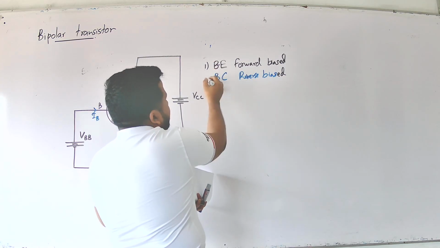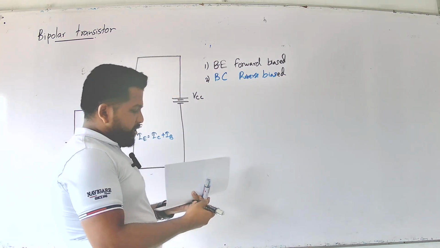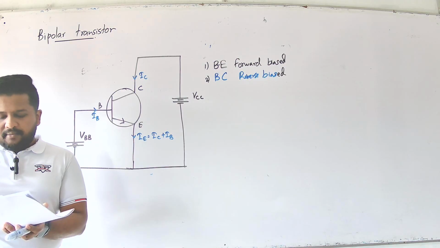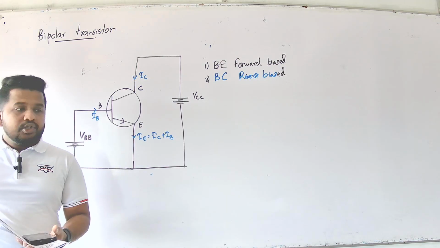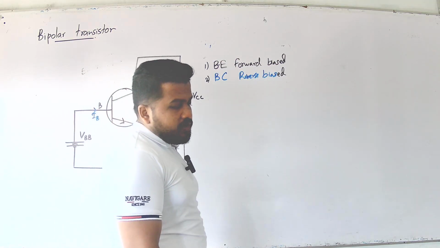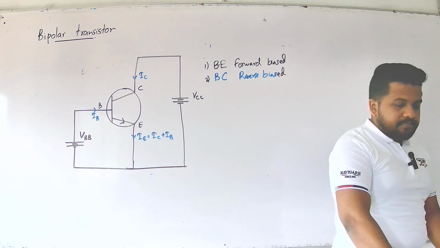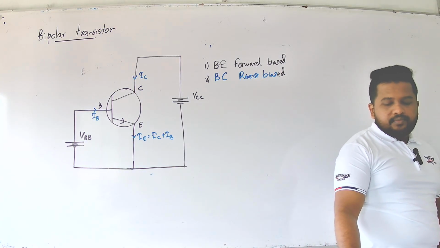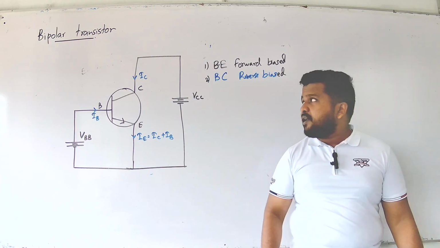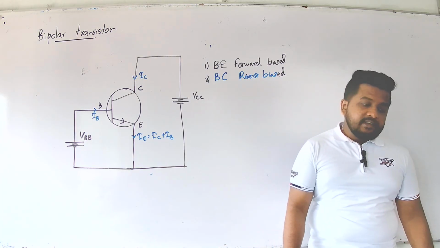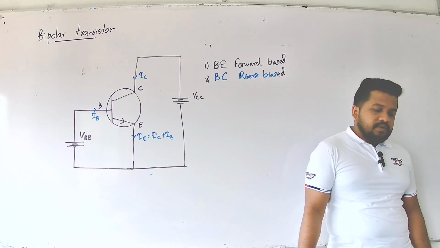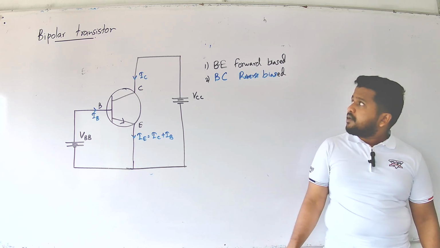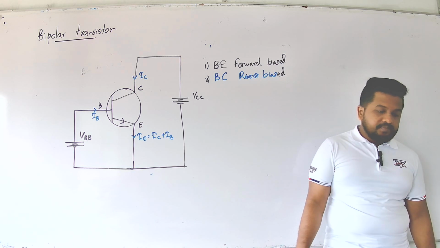So write down number 1. BE junction should be forward biased. Number 2, BC junction should be reverse biased.